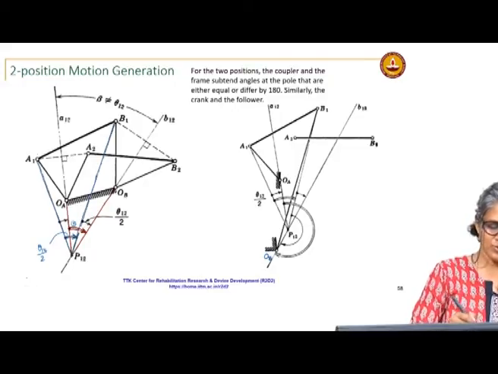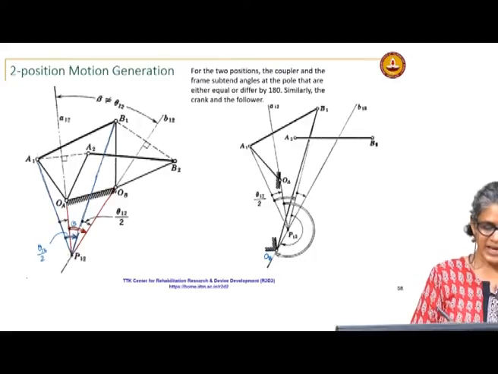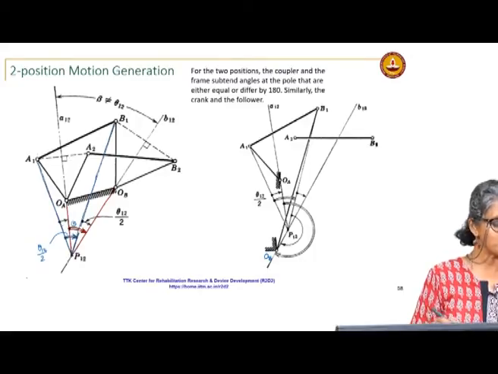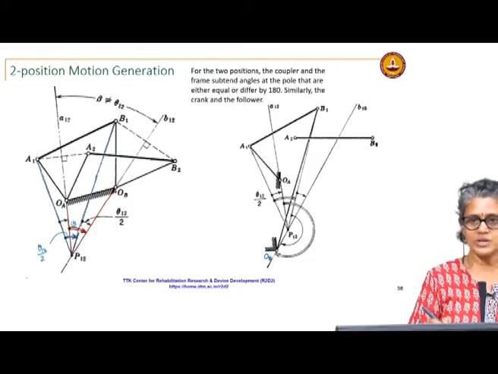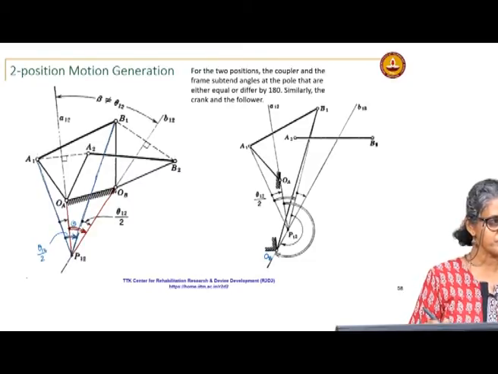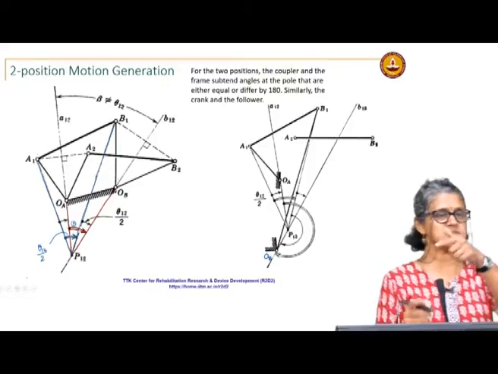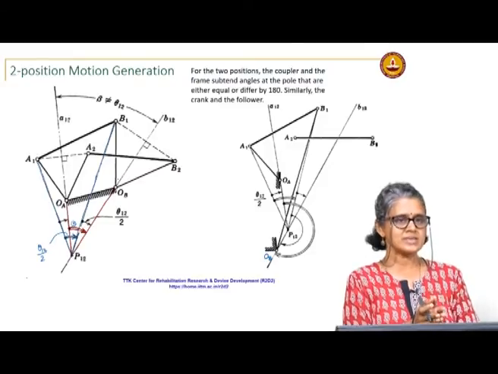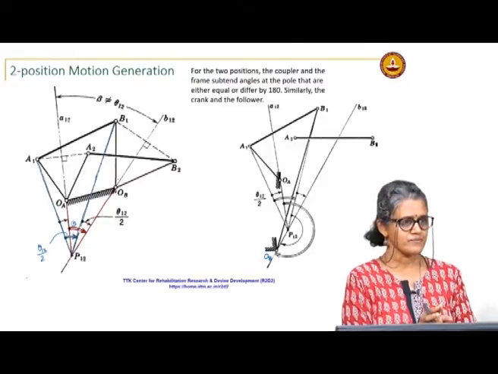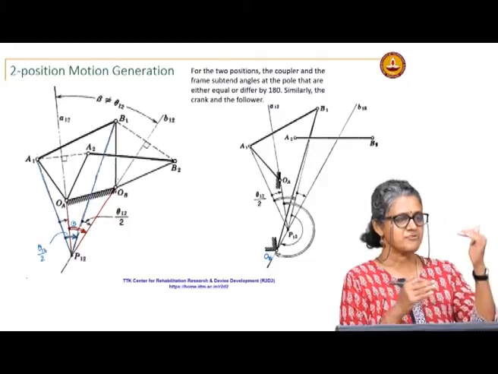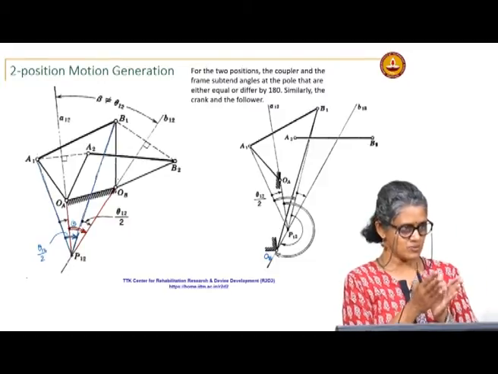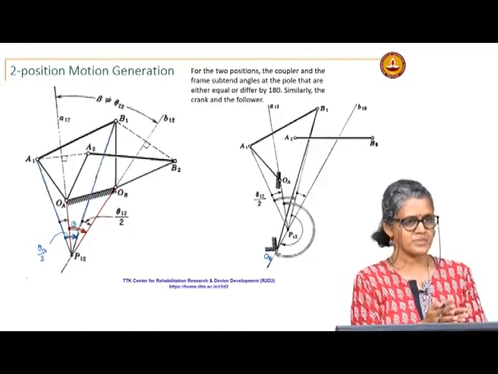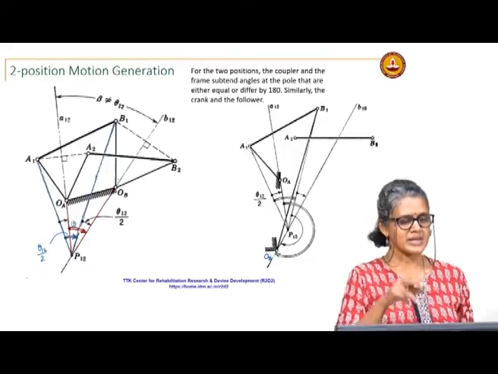OA P12 A1 P12, that angle is theta 12 by 2, which is equal to the angle subtended by the follower, the rocker. Okay. So, the opposite links subtend the same angle at the pole. The frame and the coupler subtend one angle at the pole that are equal or differ by 180 degrees.